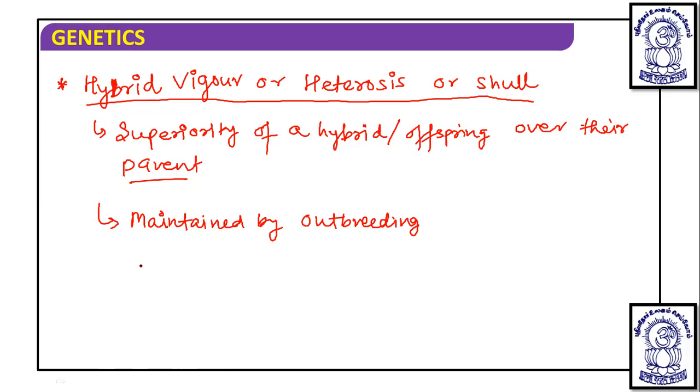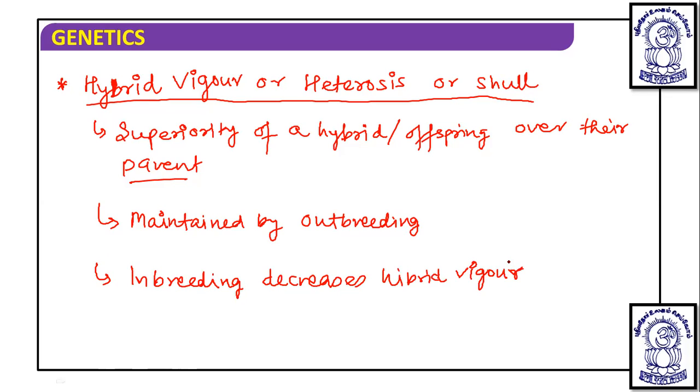So when we perform outbreeding, the superiority of offspring over the parent is going to increase because new variations are introduced. But vigor decreases by inbreeding. So inbreeding decreases hybrid vigor, and that is known as inbreeding depression.